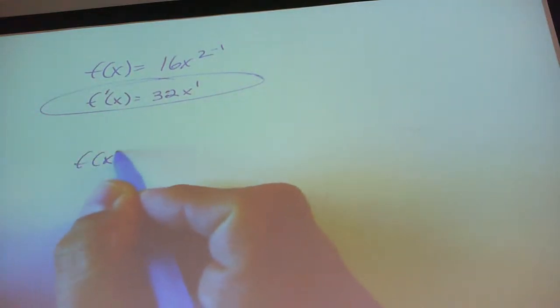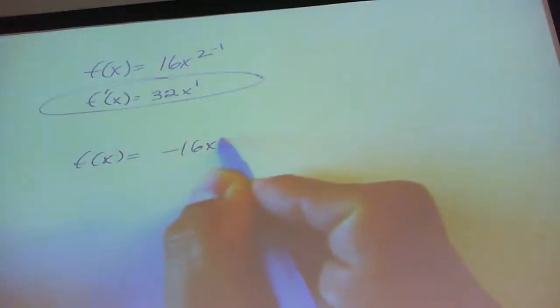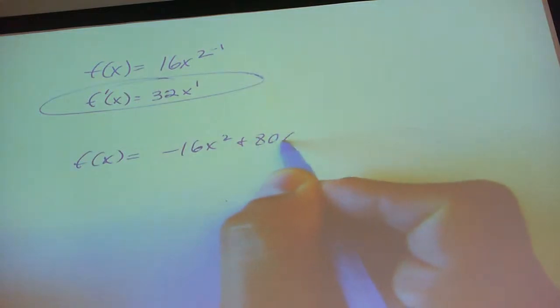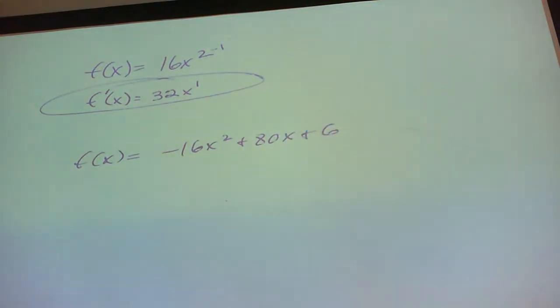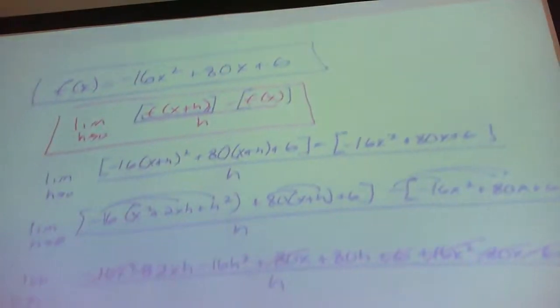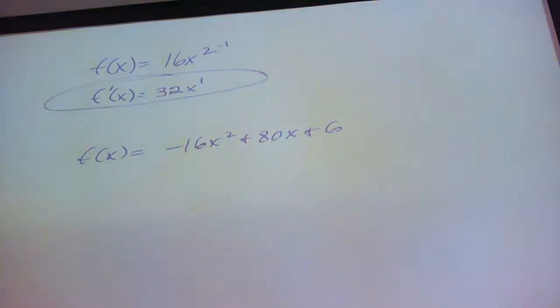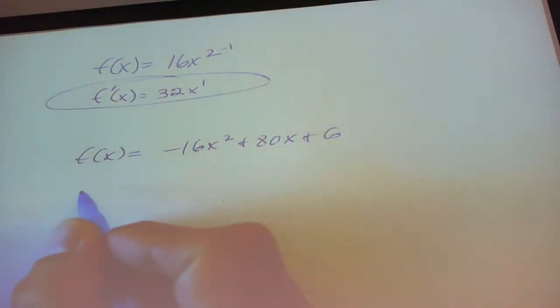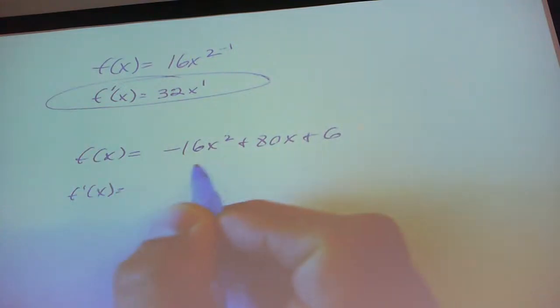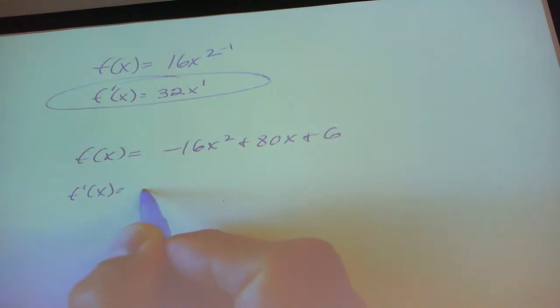Okay? Another one real quick. We did negative 16x squared plus 80x plus 6. To find the derivative, we would have to do all of this work, and we would end up with negative 32x plus 80. Well, if we use our shortcut formula, we can find the derivative of each one slowly. What's 2 times negative 16?